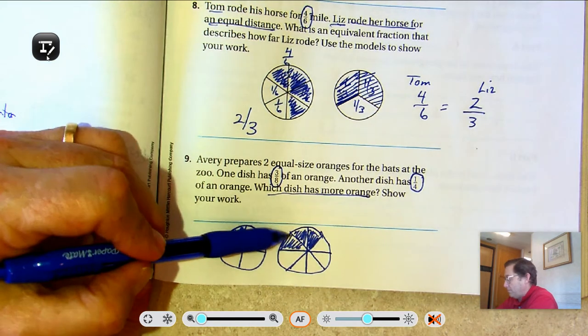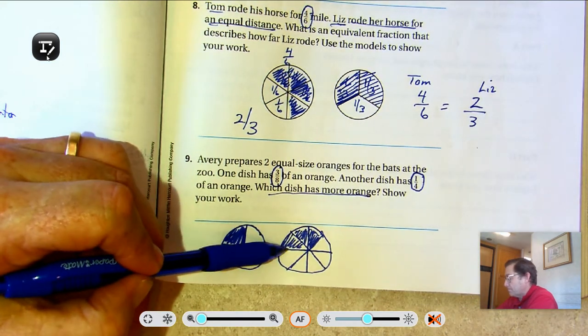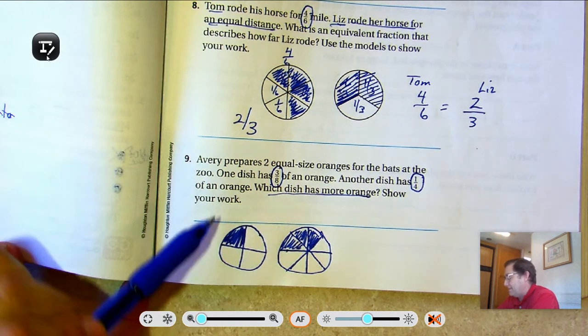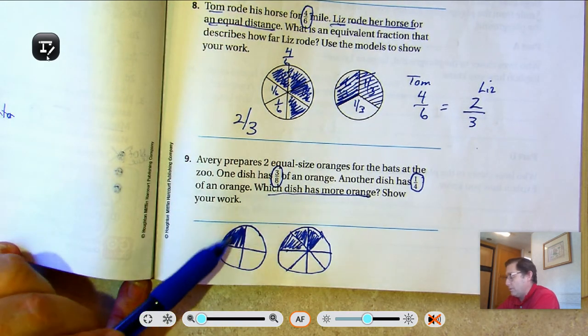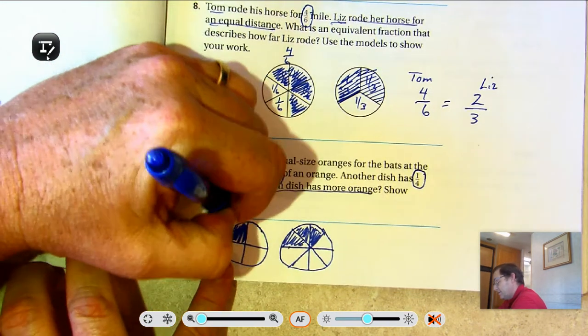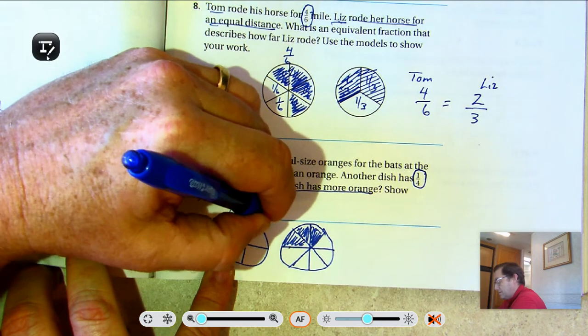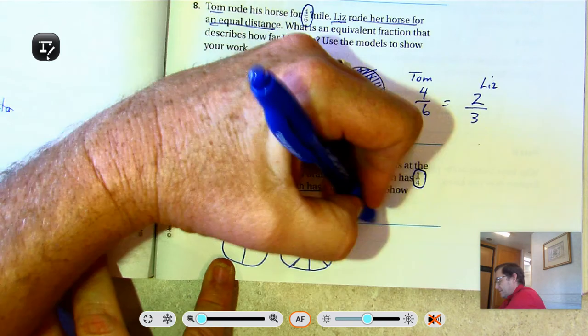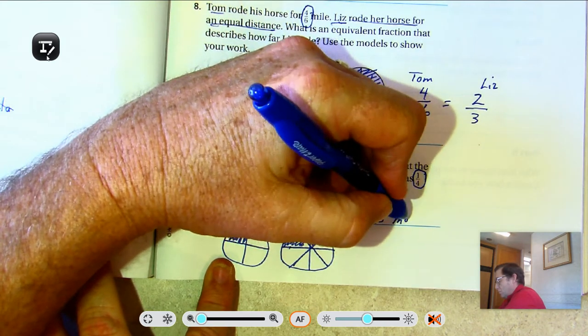This one has more. Okay, this is almost a half, and this is only a quarter of the whole thing. So the dish with 3/8 has more orange.